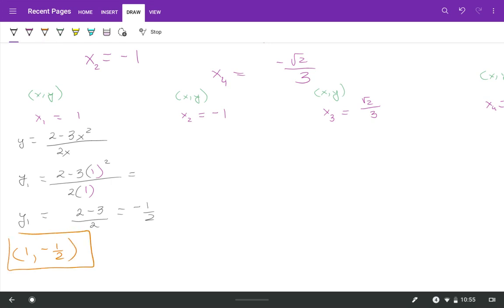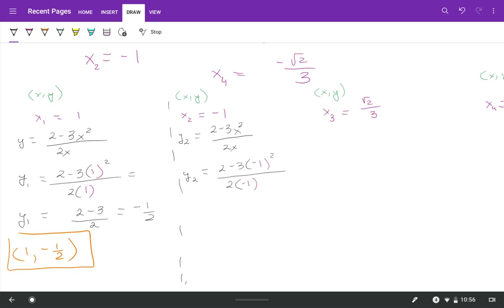Let's substitute here. So this is the second one. We need to find y2. So y2, the equation of y, is 2 minus 3x squared divided by 2x. So the second y coordinate will be equal to 2 minus 3, replace x with -1, divided by 2 times -1.